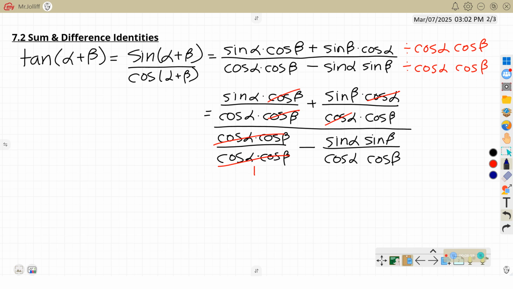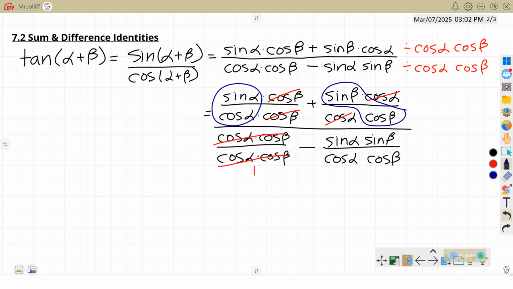Next thing I'm going to do is pair up my sines and cosines, because I know as long as the angles in sine and cos are the same, sine over cos is tan. So in that first fraction, I see a sine alpha over a cos alpha. That's a tan alpha. Second fraction, I see a sine beta over a cos beta.